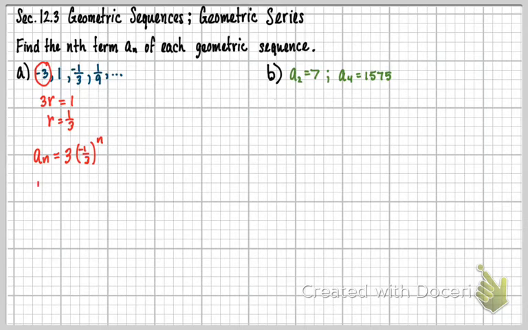So then I try a1. Just going to try it out. So that's going to be 3. That's going to be -1/3. And that will be to the 1. So now to the first power means it's going to be -1/3. So -1/3 times 3 is going to be -1, which is not what I want.